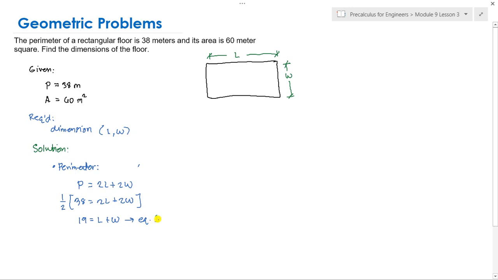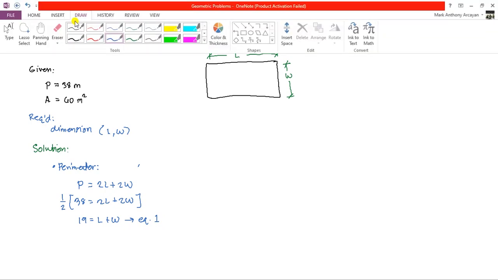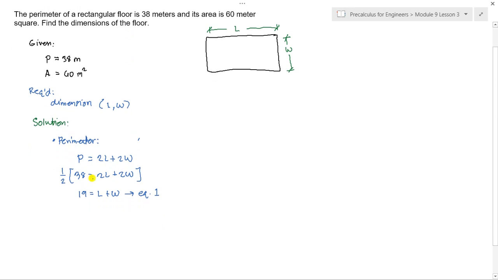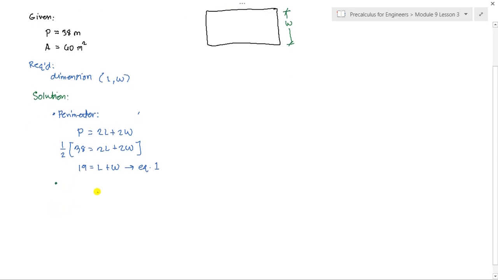We can observe that here we have two unknowns, length and width. So we require at least another equation so that we can solve it. Right? Because if we have two unknowns, we need at least two equations.